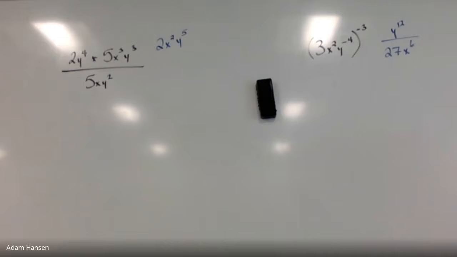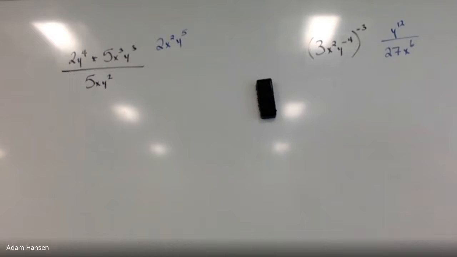Oh, no, I already had the 5. I just need the x to the 3rd. Okay, now divided by 5xy squared, y squared because it was squared. What's 10 divided by 5? 2.